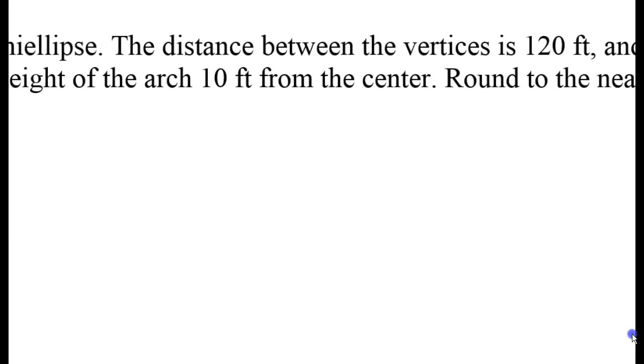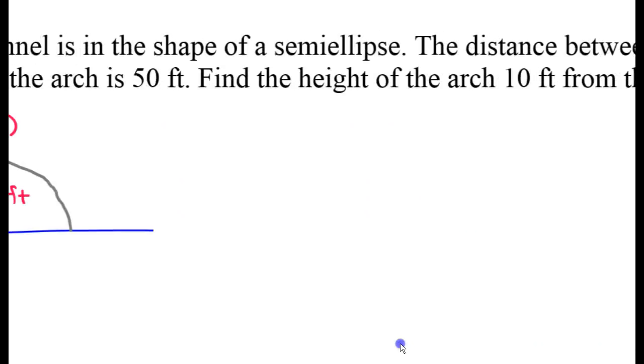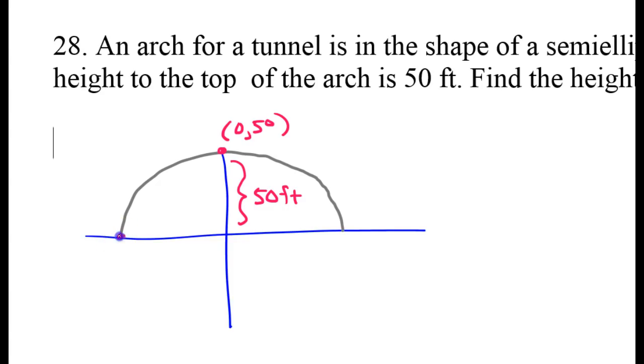Okay, the distance between the vertices is 120 feet. So look, this is a vertex and this is a vertex. So that is 120 feet. That means it's going to be 60 feet on each side. So this is 60 feet over here, 60 feet over here, for a total of 120 feet.